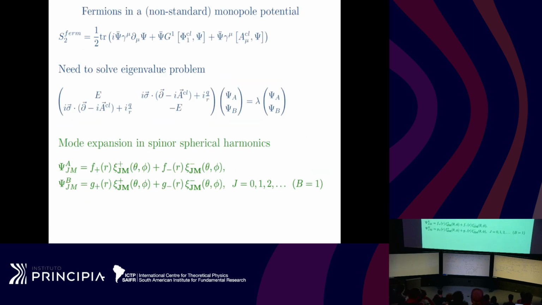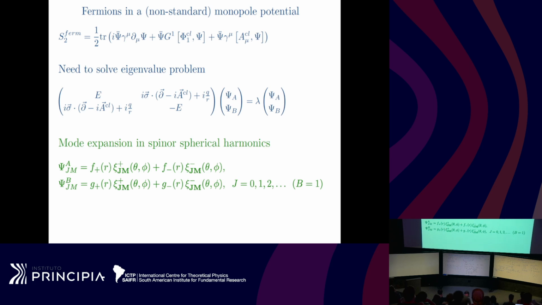Finally, there are the fermions, which, as I say, live not only in the standard monopole potential, because there's also a term coming from the interaction of the scalar fields with the fermions. So we need to solve some fermionic eigenvalue problem, where on top of the usual monopole terms, we have some additional off-diagonal terms which appear here and depend on the monopole charge.